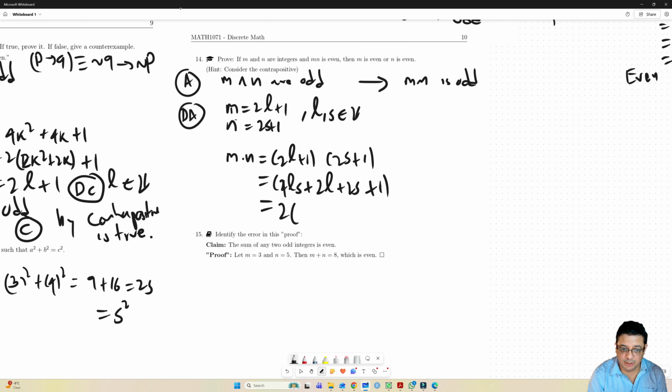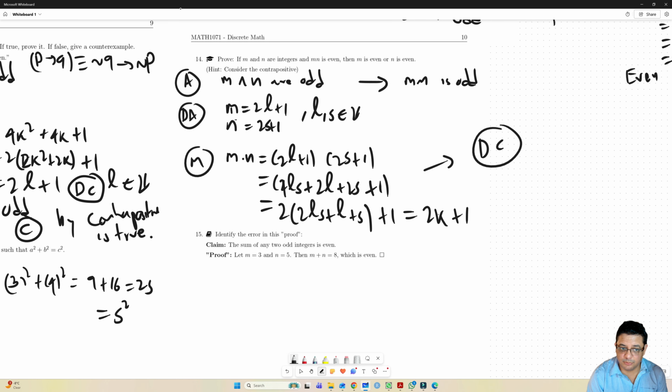So this can be just rewritten as this. And you can see that this is going to be an integer because all this combination is an integer. So this is going to be of the form 2k plus 1. And so you have that the product, this is my manipulation. And so the definition of the conclusion will be that m times n is 2k plus 1, with k being an integer, so it is going to be odd. And so m times n is odd. That's my conclusion, step 5.